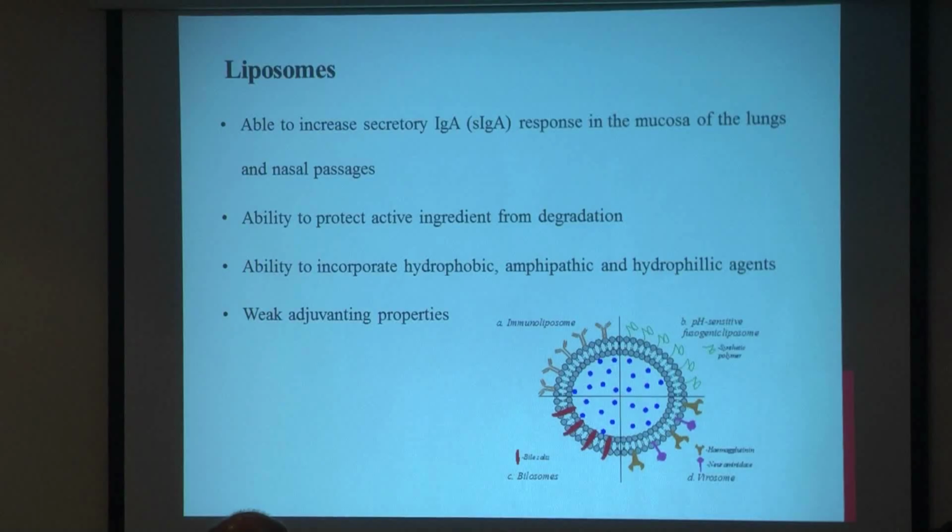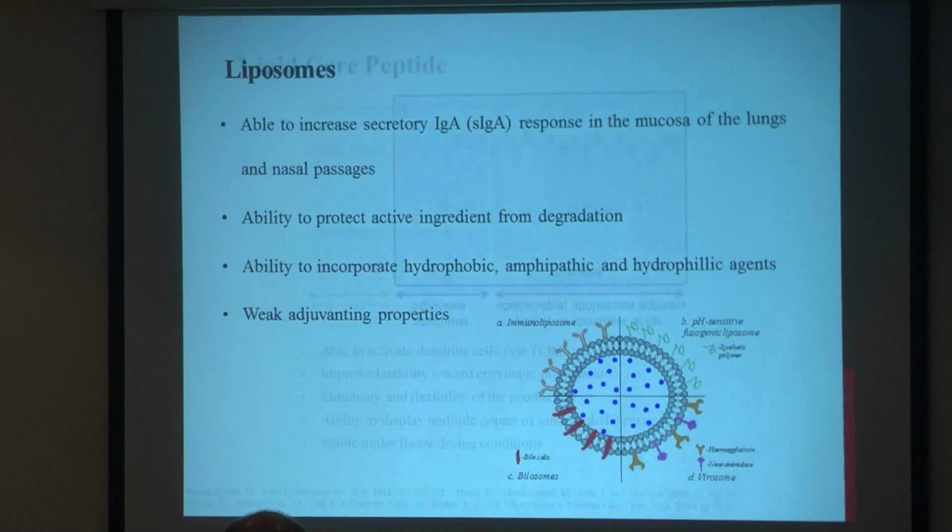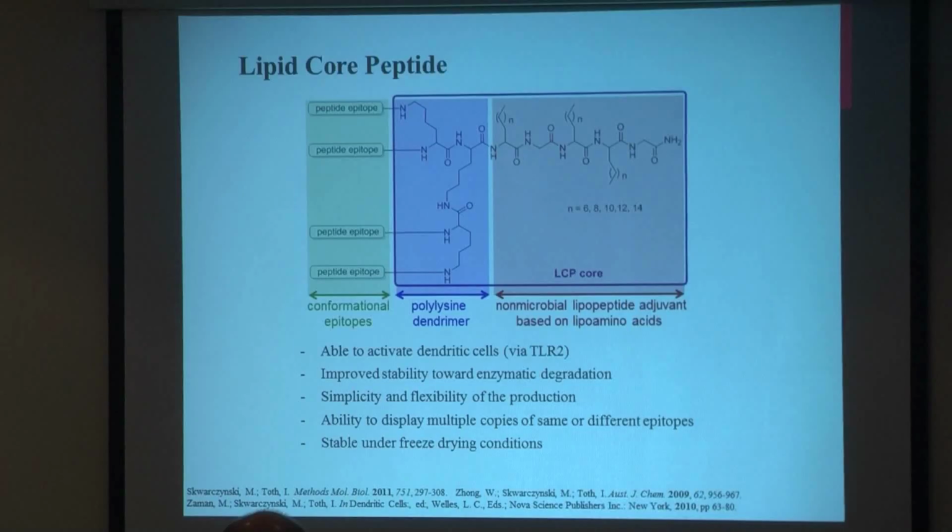It has other advantages, such as its ability to protect its active ingredients from degradation. It also has the ability to incorporate both hydrophilic and hydrophobic antigens as well. However, it has weak adjuvanting properties, and we know that peptide alone is not immunogenic enough.